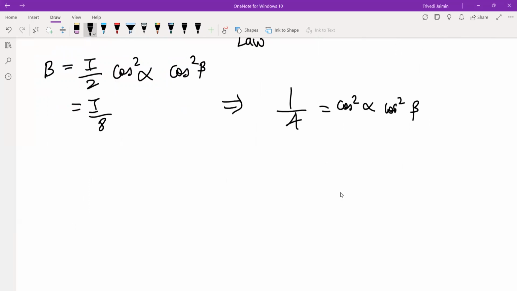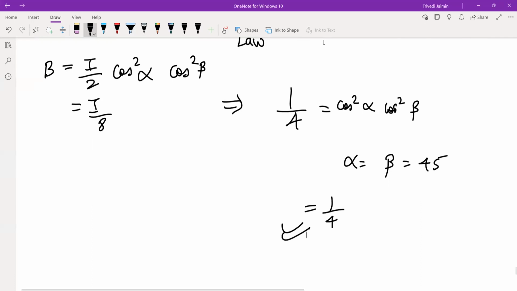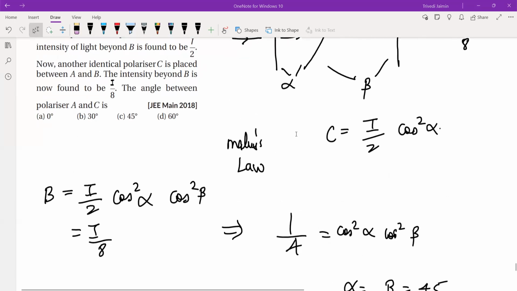If I write alpha and beta as 45, I'll get 1 by 4. Check: 1 by 2 into 1 by 2 is 1 by 4. Cos 45 is 1 by root 2, so cos 45 whole square is 1 by 2. So the answer should be 45 degree.